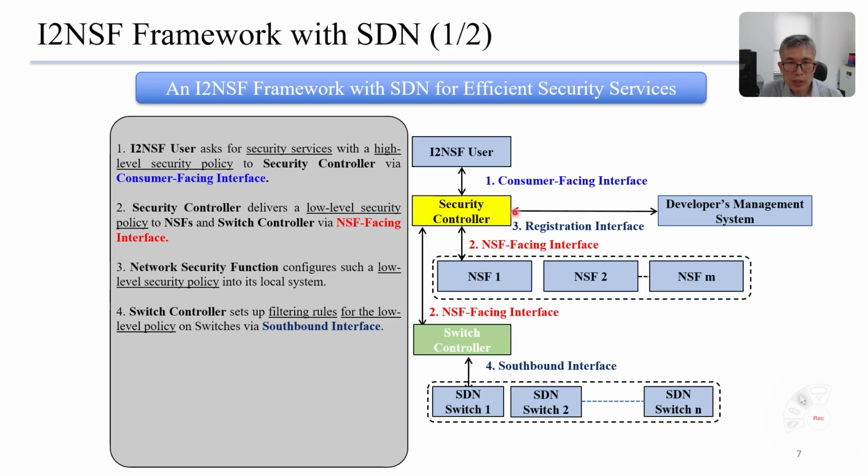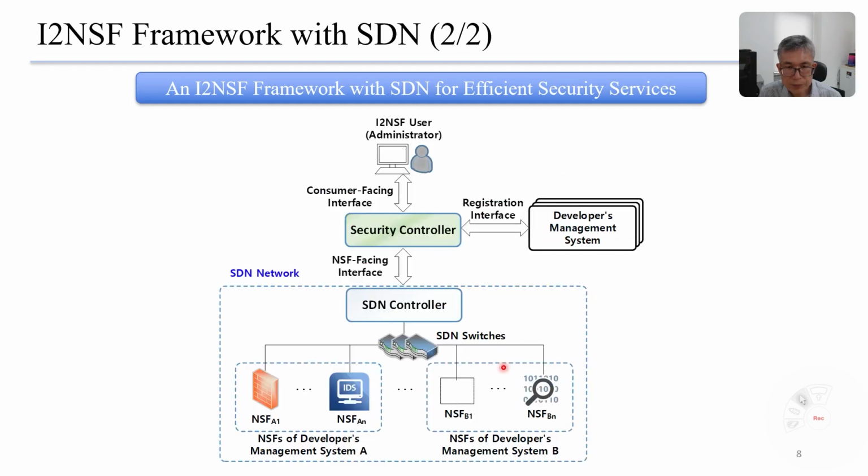So we can extend the I2NSF framework with SDN. You can see the upper one is the I2NSF framework, and the lower one is the SDN controller, and the SDN controller governs multiple SDN switches like OVS, OpenFlow switches. This figure shows an SDN network governed by the I2NSF framework.